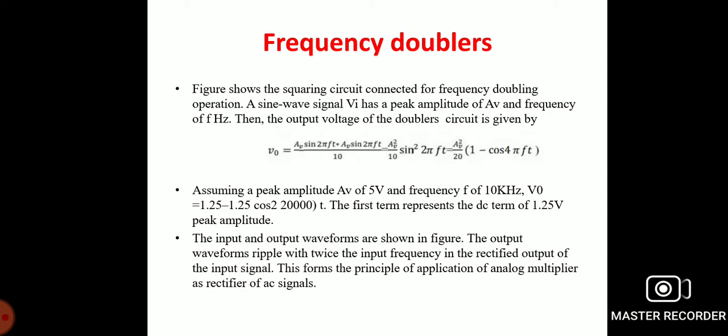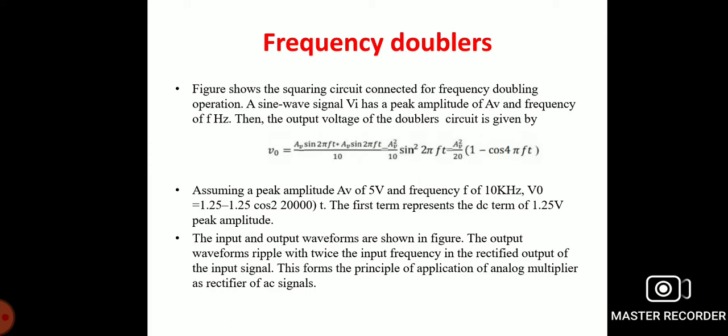The first term represents the DC term of 1.25 volt peak amplitude level, and the input and the output waveforms are shown. The output waveform ripples at twice the input frequency, as in the rectifier output of the input signal. This forms the principle of application of the analog multiplier as a rectifier of an AC signal.